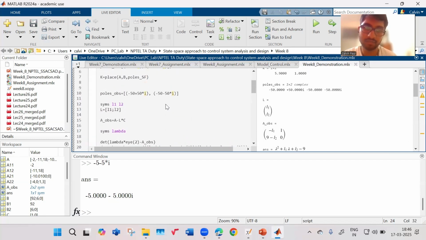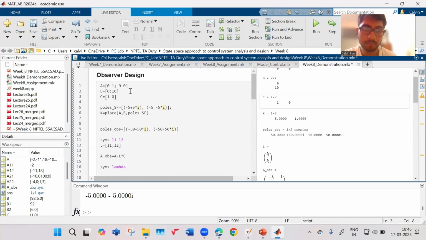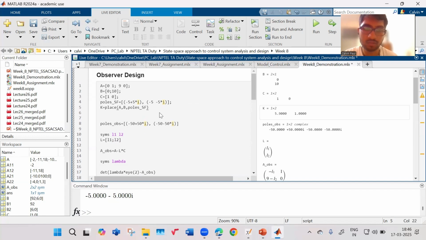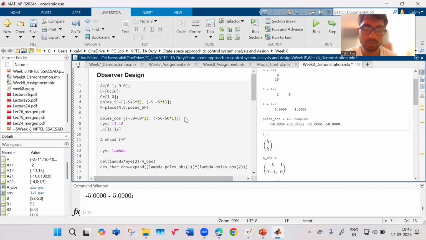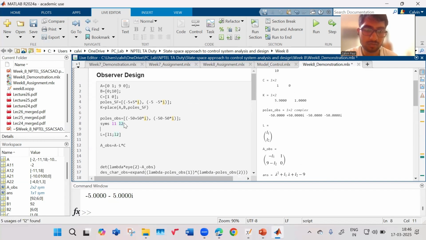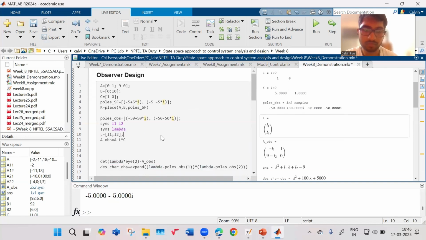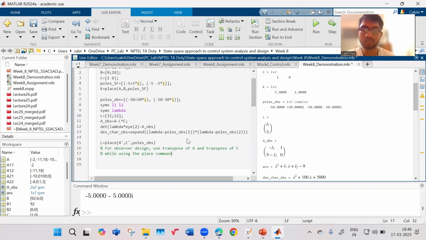So we have checked it live, debugged it, and found it. Let me comment these things. This is what we have checked for observer design.